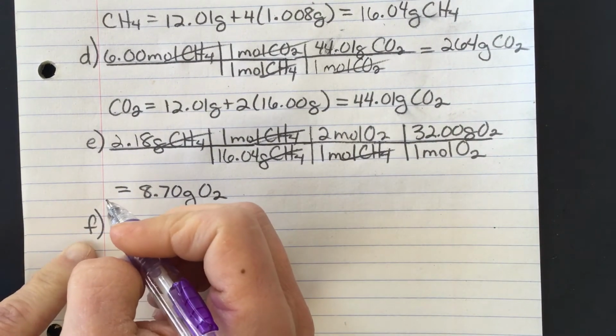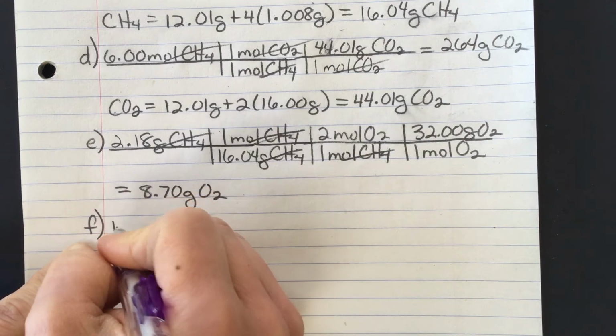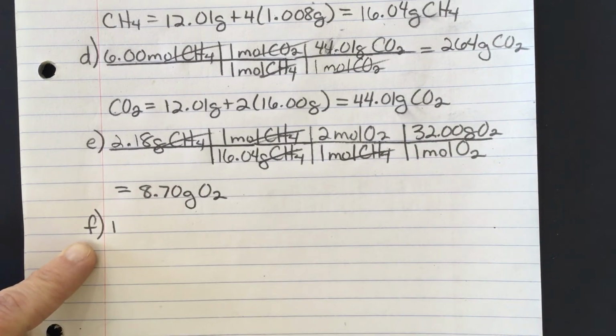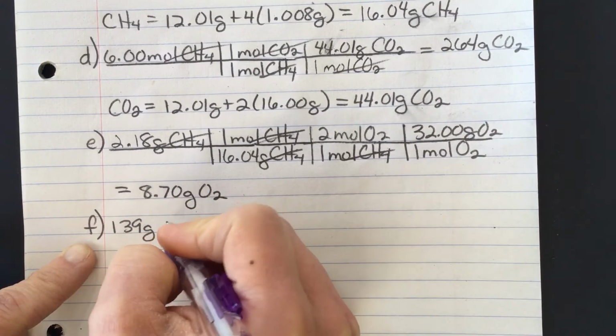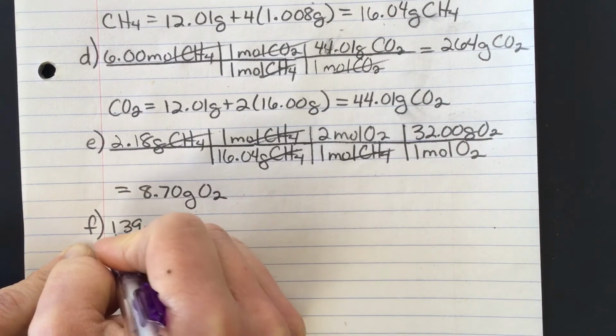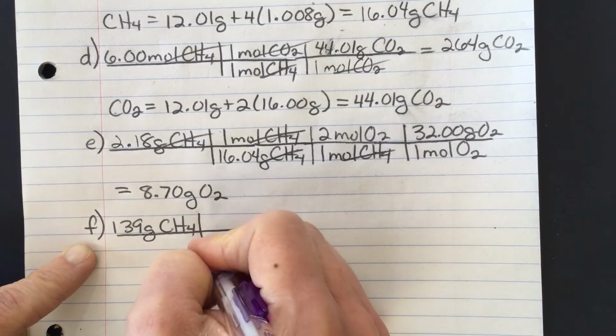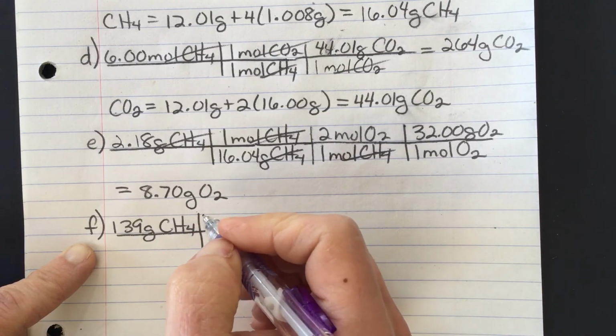For F, I have how many grams of water are produced by the reaction of 139 grams of methane? So I have my 139 grams of methane. I need a molar mass sandwich here.